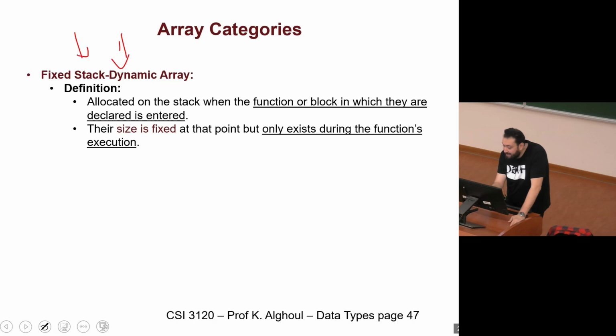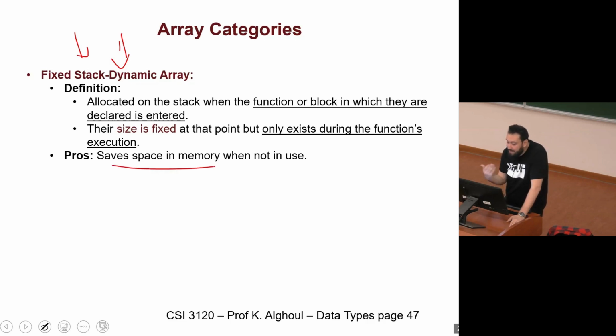Their size is fixed at that point, but they only exist during the function's execution. So the size is fixed, but the memory is allocated when I enter this function. What is the advantage of this?